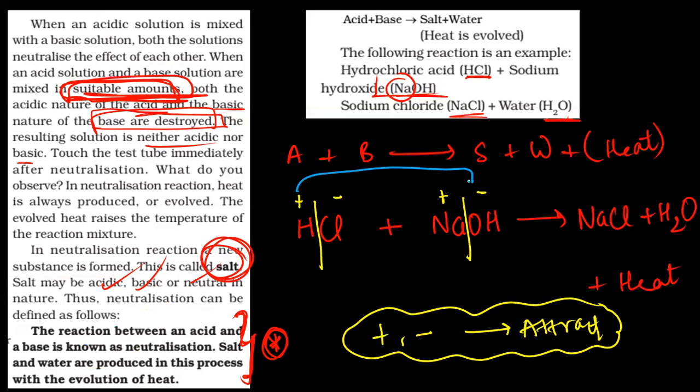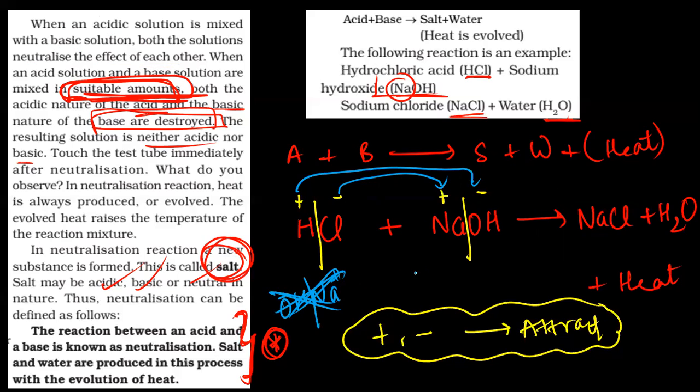Positive will go to this negative, and this negative will go to this positive. And by convention, the positive part we always write first. I did not write OHNa because this is my positive part and this is my negative part. I wrote NaOH, so you cannot write it the other way. This is by convention. It's a rule.